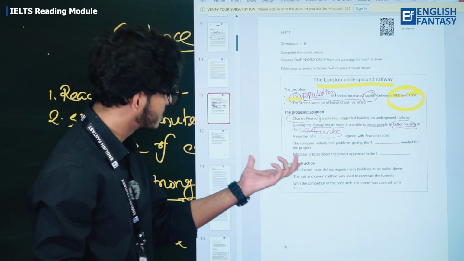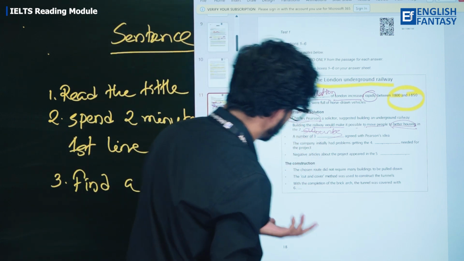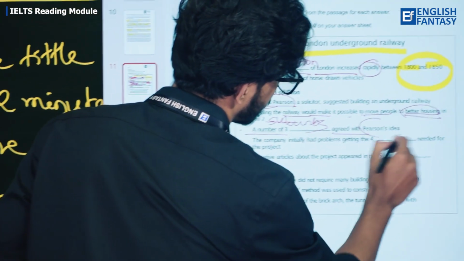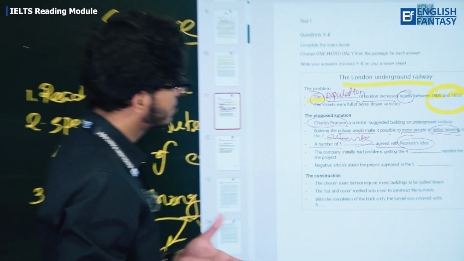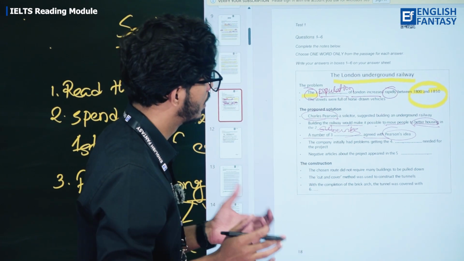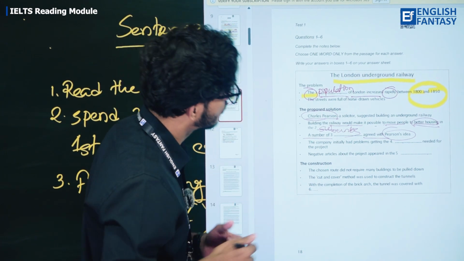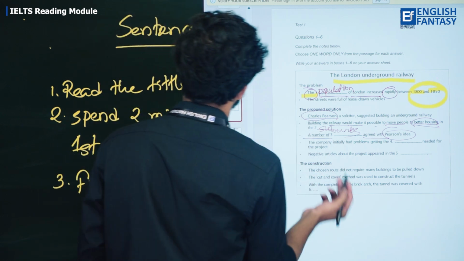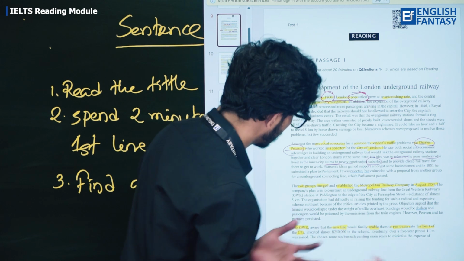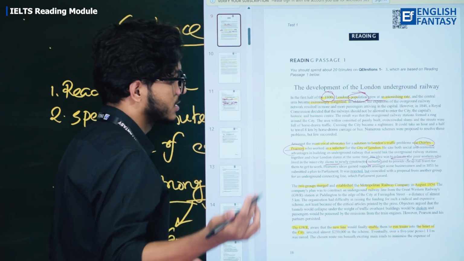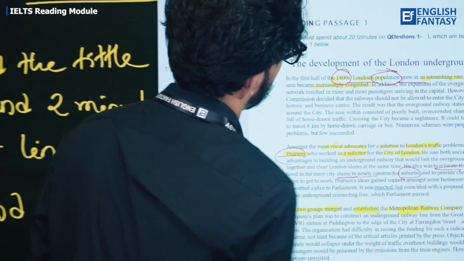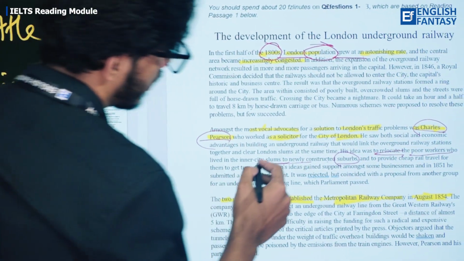Now let us discuss our number 3 question. A number of dash agreed with Pearson's idea. So we have to find out who agreed with Pearson's idea. Pearson gave an idea and who agrees with it, we have to find out. Look guys, every time you are completing the sentence completion, it will follow the sequence.